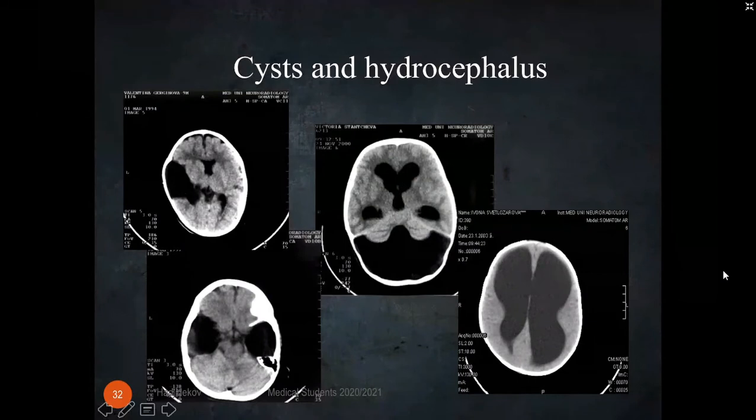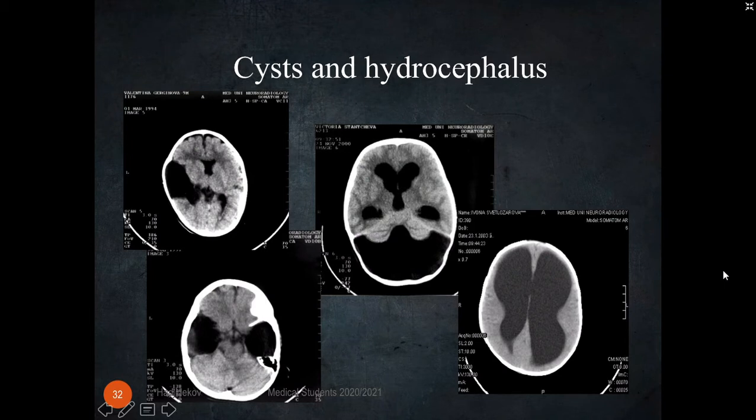The cystic lesion in the middle image here is affecting the posterior fossa, and it's an image of a megacisterna magna. And on the left side, we have a huge hydrocephalus.